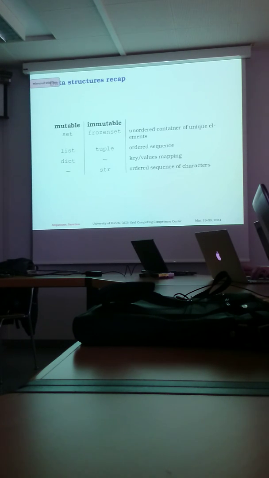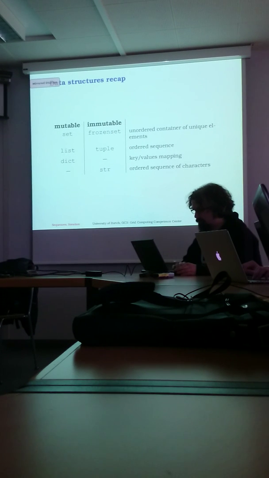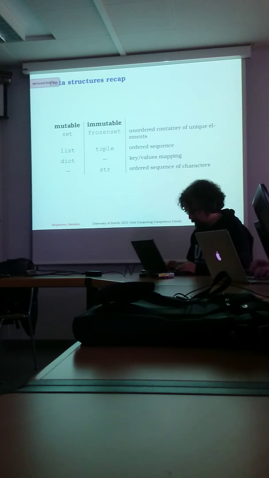And of course you can put it in an if statement and whatever, because X in a container returns a boolean. So this is more of a recap of the structures we have seen. I've also used frozenset, which is the immutable version of a set, so you can use frozenset for keys of a dictionary. And you can see that we don't have an equivalent in the standard library for a dictionary which is immutable, or a mutable sequence of strings.